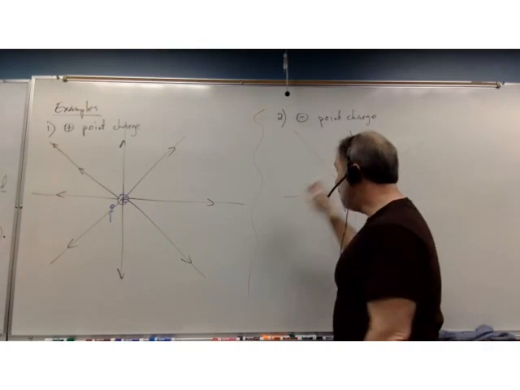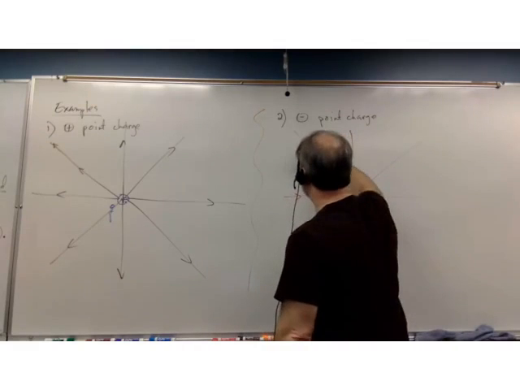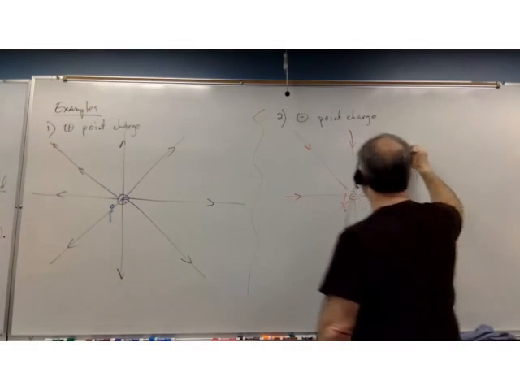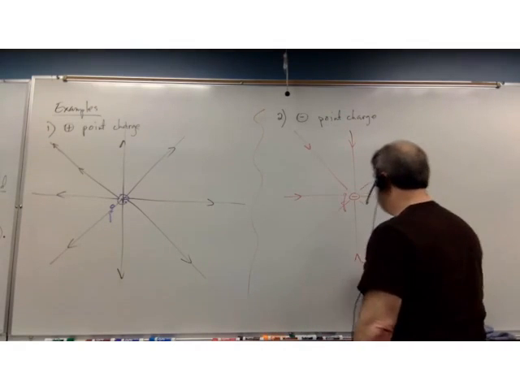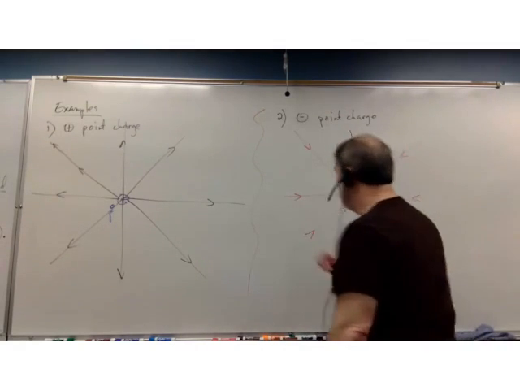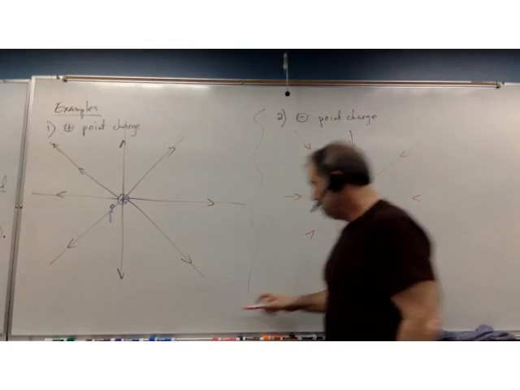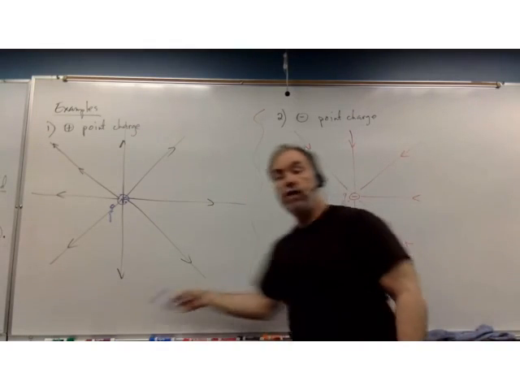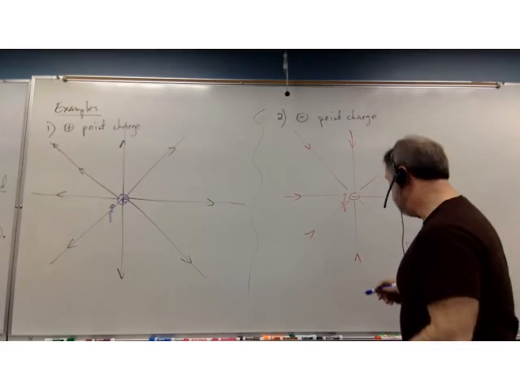But because a positive test charge would be attracted to the negative source charge, our definition of the direction of the electric field says that the electric field must point radially inward. Now, I've drawn these pictures before, but now I'm explaining why I put the arrowheads in the direction that I did.